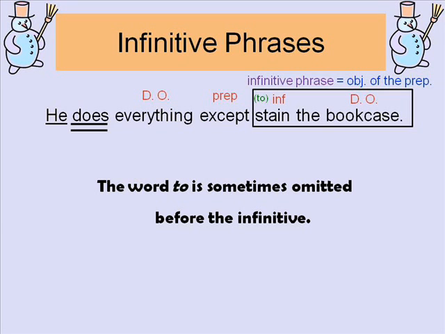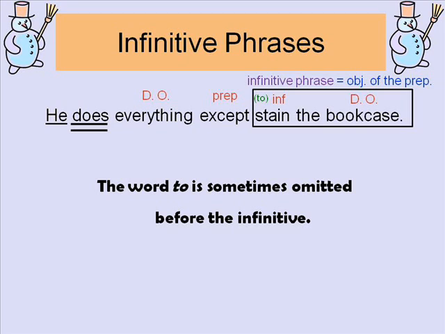Okay, one more and another exception or complication to the rule here. Here's my sentence. He does everything except stain the bookcase. Now, this one is a little hard to recognize the infinitive because sometimes the word to, T-O, can be omitted before the infinitive. As it is in this case, it's omitted before the word stain. Now, it would make sense to say he does everything except to stain the bookcase, but we don't say that.